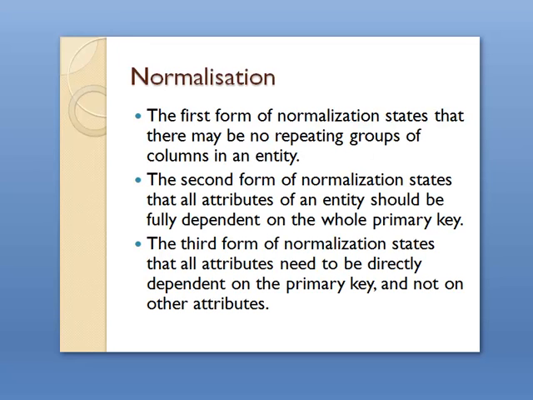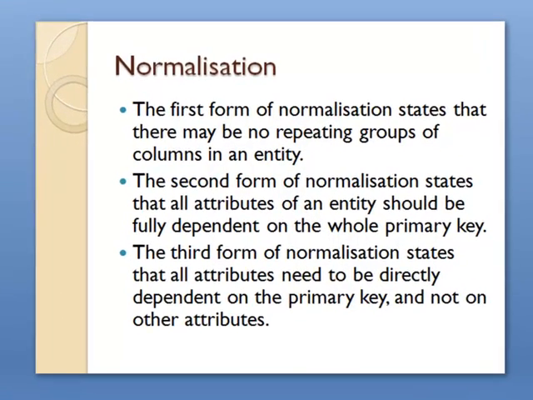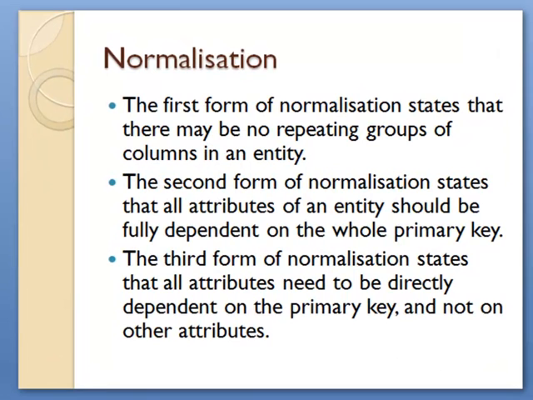Let's take a moment to look at normalization. So the first form of normalization states that there may be no repeating groups of columns in an entity. And so it should be pretty easy to see that we yank all the repeated products in sale out so that they're on separate lines or separate records in another table, linked by the sales number.